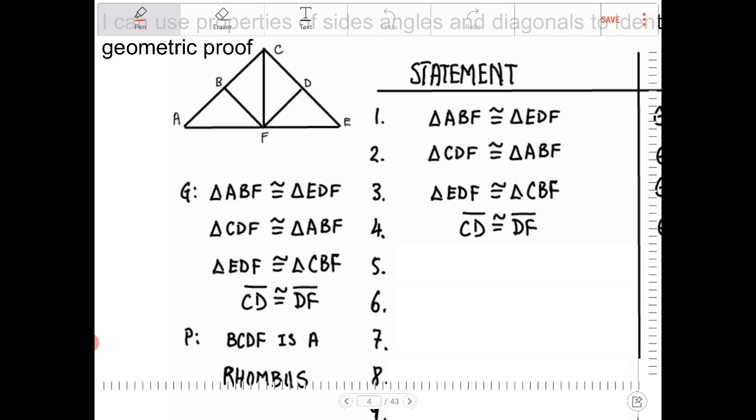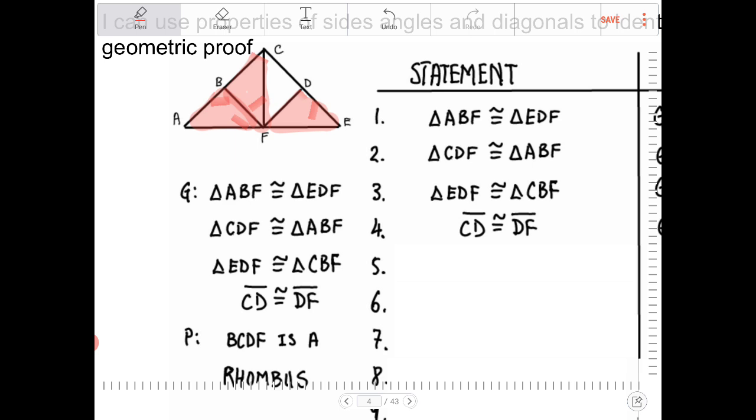Immediately I see that triangle ABF, which I'm going to highlight in red, is congruent to EDF, which is this one right there. And I also know that EDF is also congruent to CBF, which is this one right there.